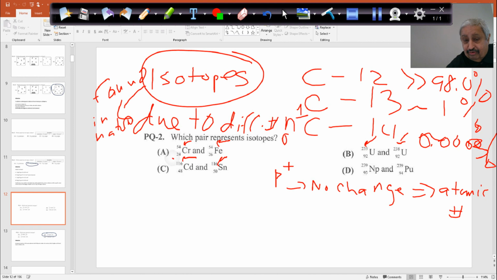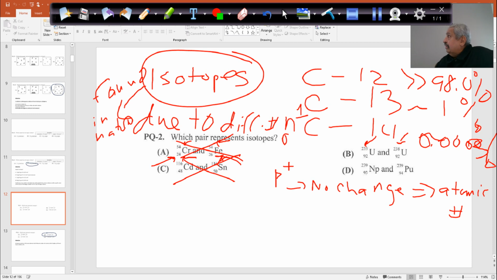This is 24, see? And this is 26. This is not an isotope. Are you following me here? 24 and 26, they are not. Isotopes do have the same number of protons, the same atomic number. So this one is 50 and 48. This is not an isotope.